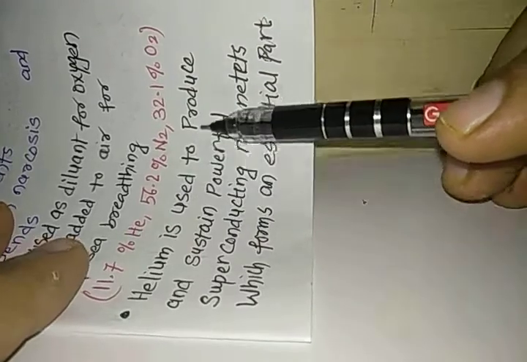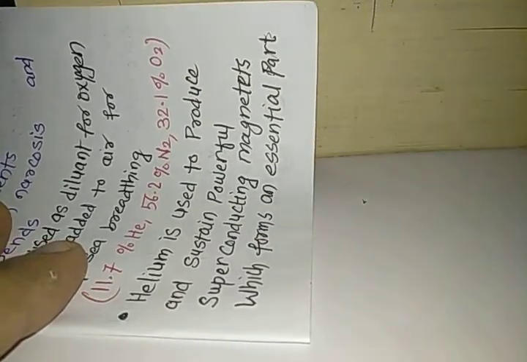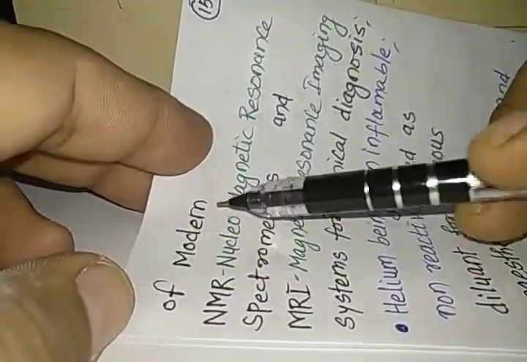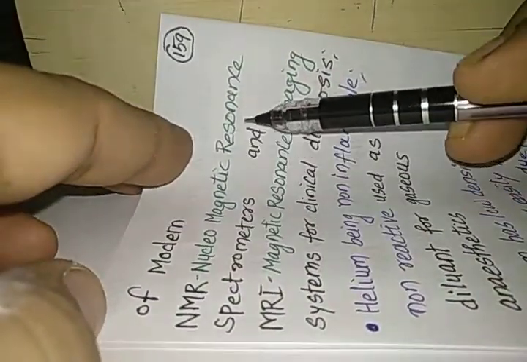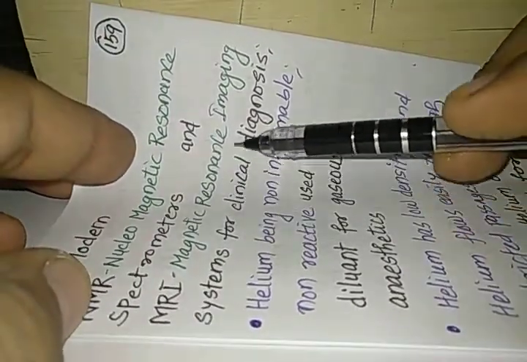Helium is also used to produce and sustain powerful superconductors, used in superconducting magnets, which form an essential part of various diagnostic tests, like modern NMR, that is nuclear magnetic resonance spectrometers, and MRI, that is magnetic resonance imaging.